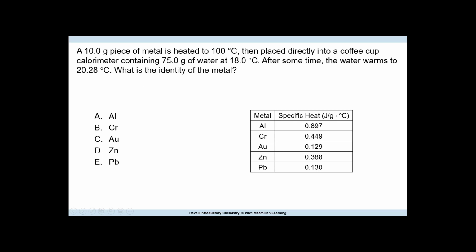Now let's look at the water. You have 75 grams of water in a coffee cup at 18 degrees Celsius, which is what it started with before the experiment, and it ends at 20.28 degrees Celsius. That's about right, because water has a very high specific heat, so it can take a lot of heat and the temperature will only rise a few degrees.